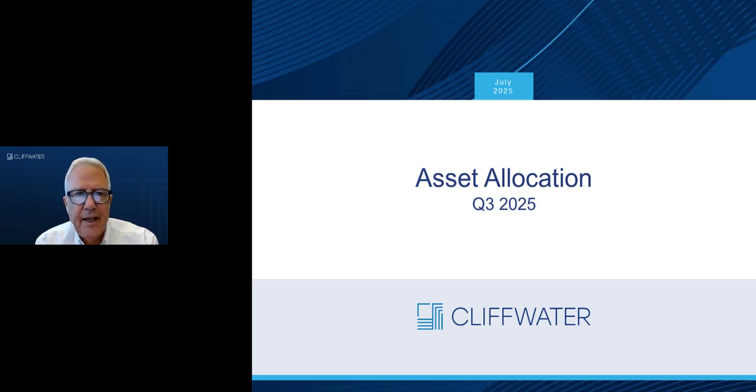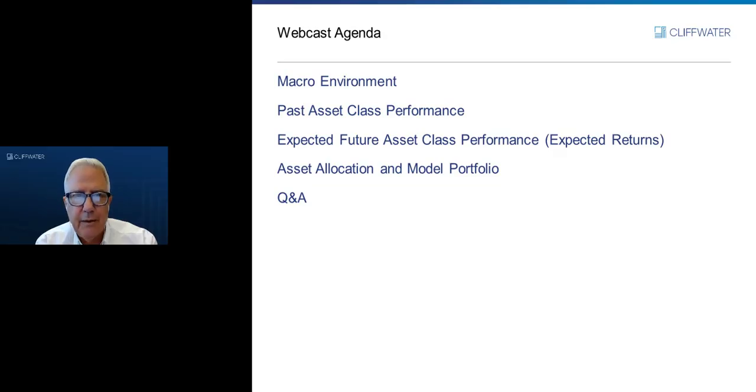The webcast today, I hope to cover just a few items, starting with a big picture on the macro environment. I'd like to get you caught up on past asset class performance, so basically how all the different asset classes have performed through March 31. That's when we have good private data.